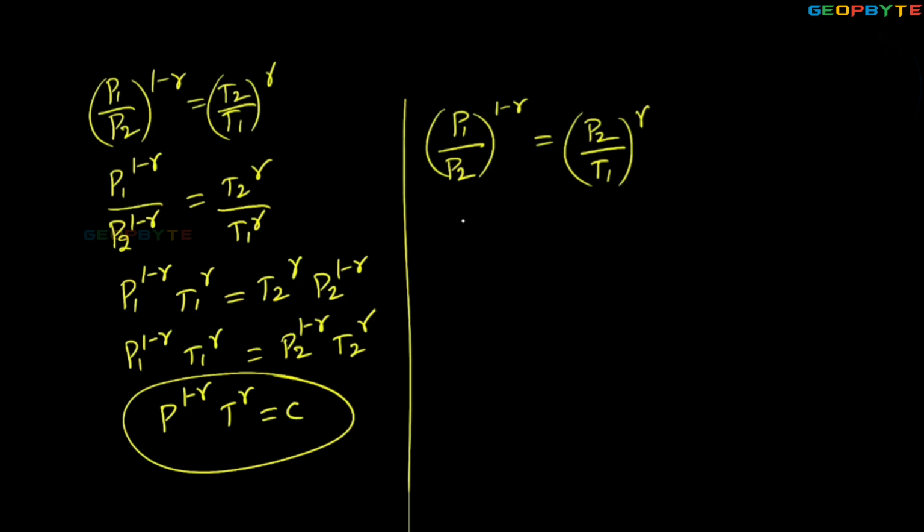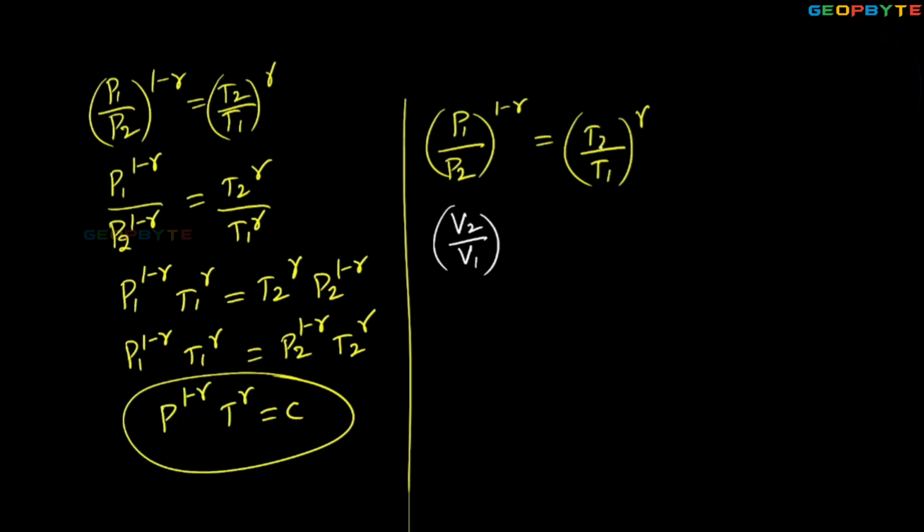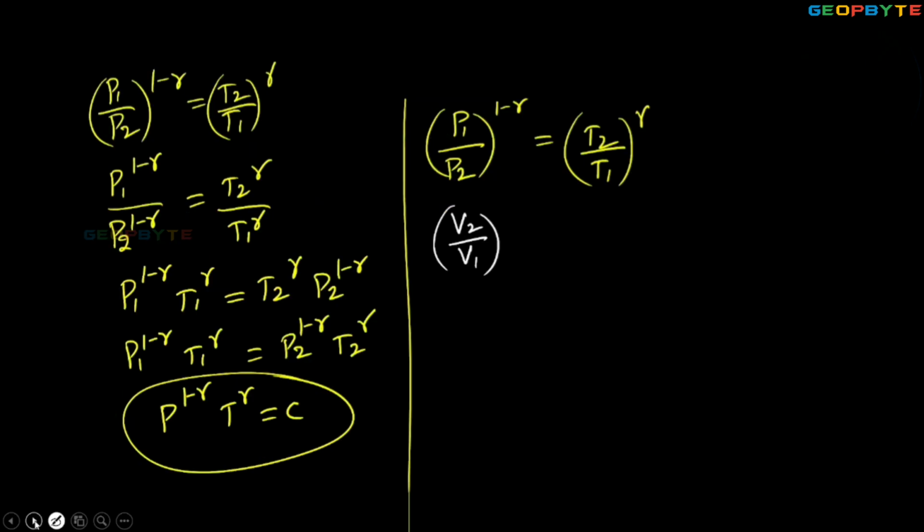So in place of P1 by P2, you can write V2 by V1 power gamma, whole power 1 minus gamma, equal to T2 by T1 power gamma.